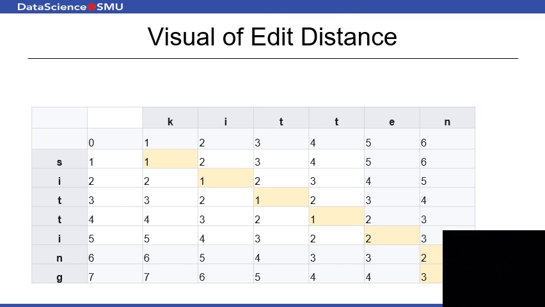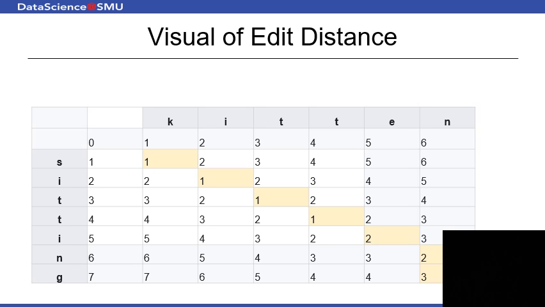Very typically, the edit distance is visualized in a tabular format with one string going down the left-hand side and the other string going across the top, with the diagonal showing the distance of the two strings as we move from character to character.